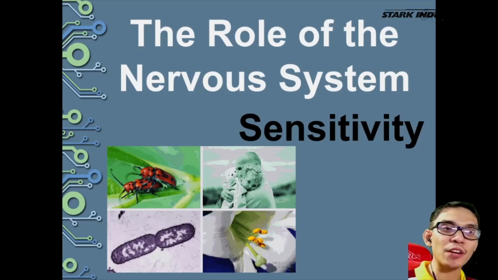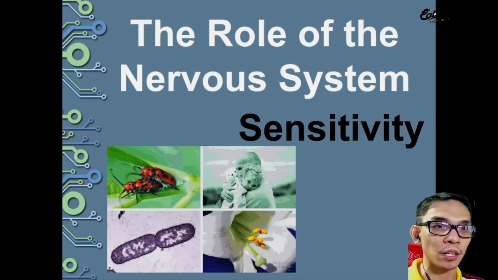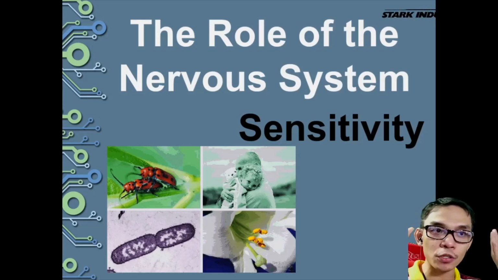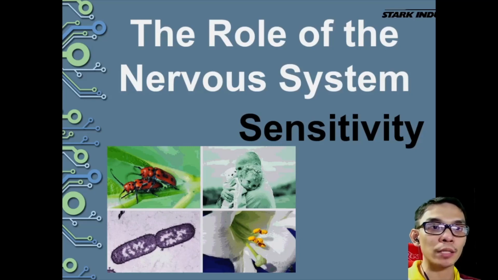So, if neurons are found in this organ system called the nervous system, then definitely these neurons are designed for one very characteristic of life. That is sensitivity: the ability to detect a change in the environment, also known as stimuli, and create an appropriate action based on that stimuli.